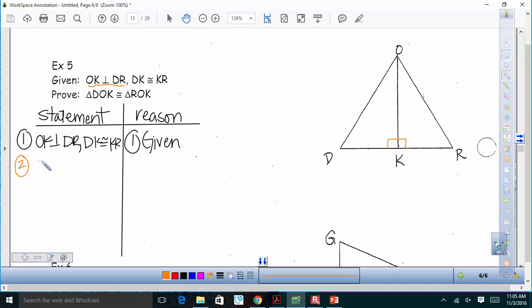So we would write angle DKO is congruent to angle RKO. And so do we know why that would be true? What does it tell me up here, right here? So it would be definition of perpendicular.